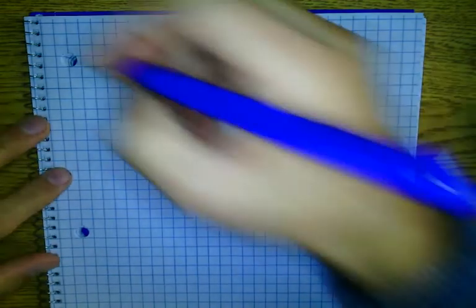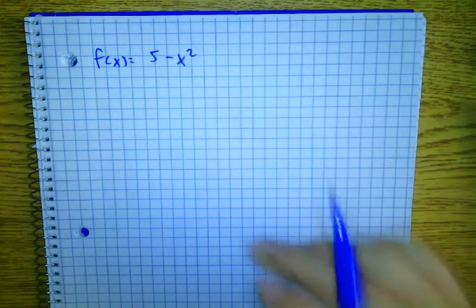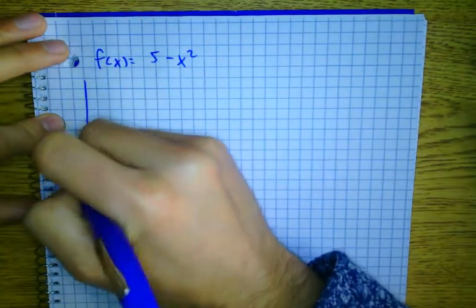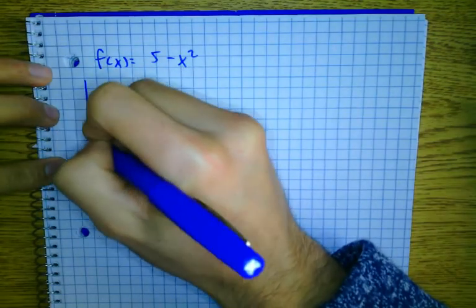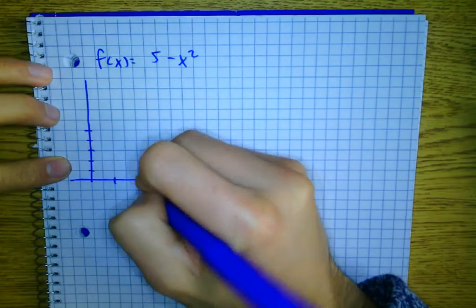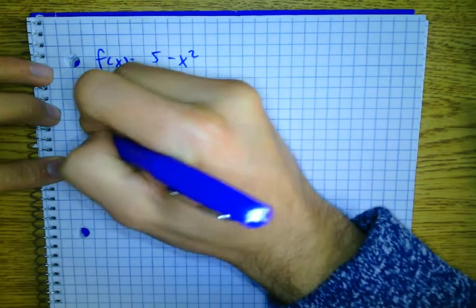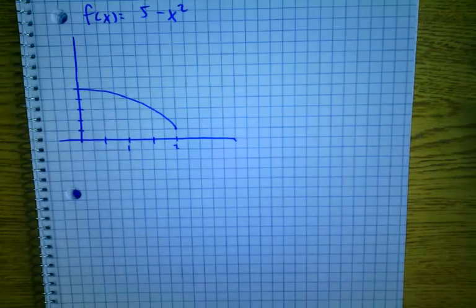Just making sure that you understand the process, okay? So f of x is equal to 5 minus x squared. That's what we started with. So we're going to draw this again. We got 1, 2, 3, 4, 5, and 1, 2, 3, 4. So that's 1, that's 2. We were there, and we're about right there, and that's what it looks like, right?